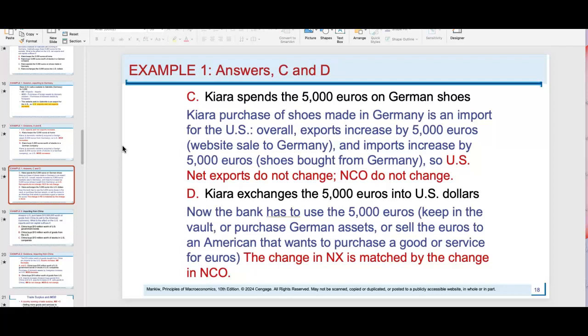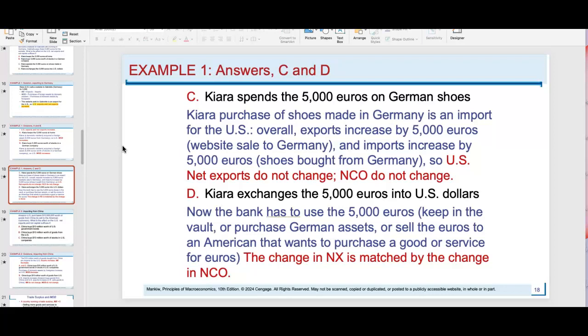If she exchanges the 5,000 euros into US dollars, what's going to happen? If the bank keeps it in the vault, the bank has acquired those 5,000 euros. So there's still that 5,000 euros of foreign assets that has increased in the US as a whole, right?